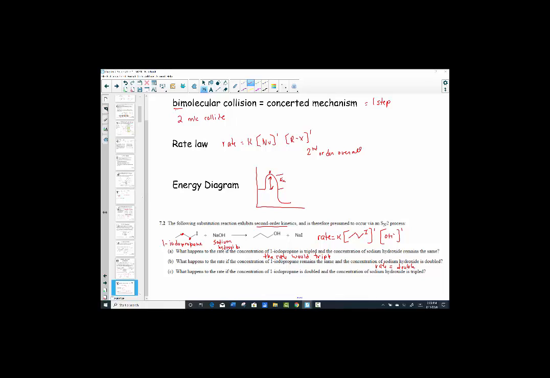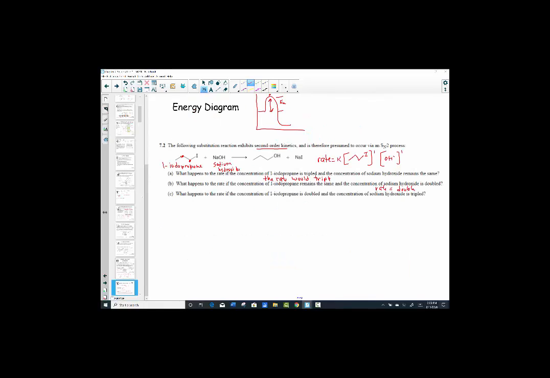What happens if you double the concentration of iodopropane and the concentration of sodium hydroxide is tripled? Well, let's figure that out. If you double the concentration of the alkyl halide, the rate will double. So from 1-iodopropane, we doubled it, so the rate will double.